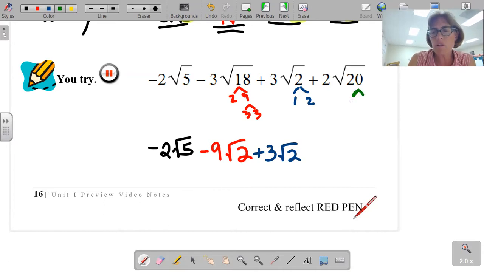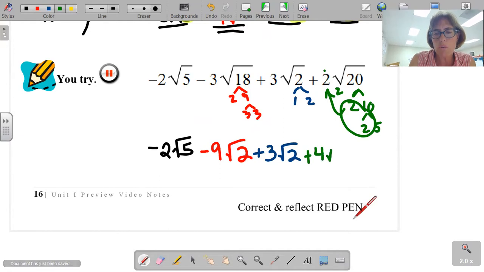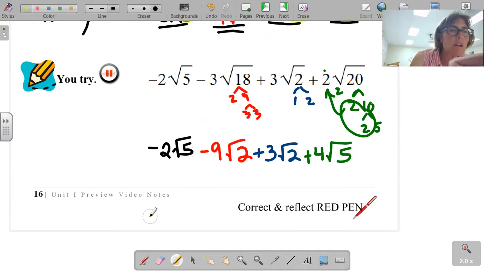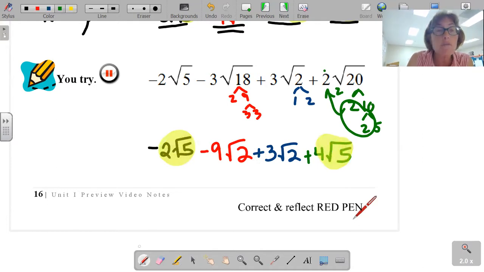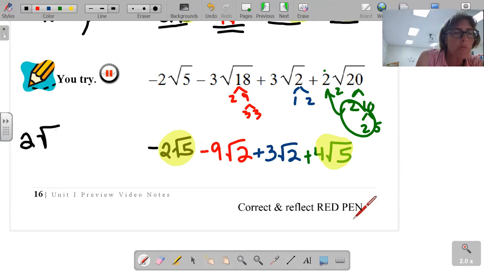This last one, 2 and 10, 2 and 5. A pair of 2's come out. 2 times 2, that's going to be +4 root 5. We collect like terms, root 5 and root 5, that's -2 plus 4 is going to be +2 root 5.